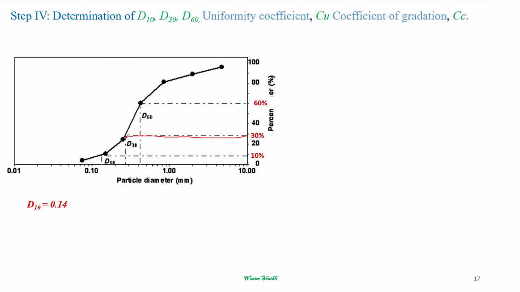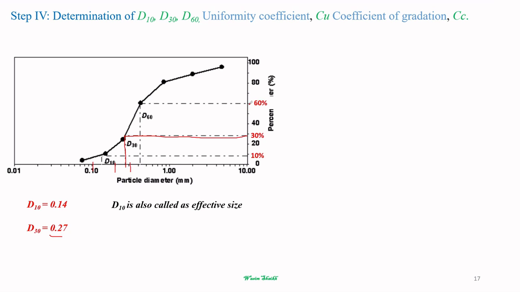From that point, drop a vertical line, something like this. So this is my point 1. This is my point 2 over here. So this will be, I think, 0.3. So my D30 is less than 0.3. So that will be 0.27.